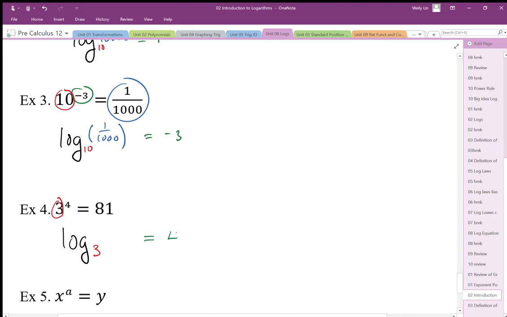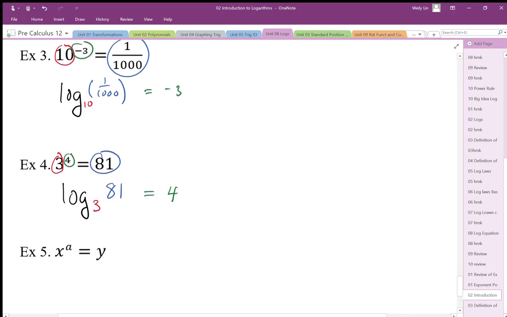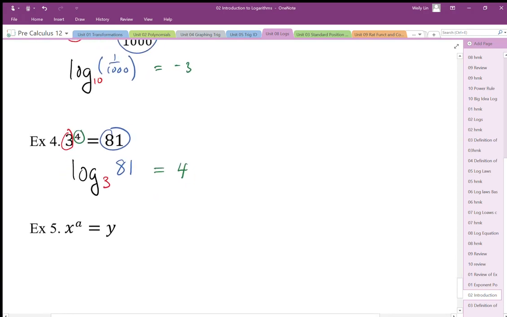It equals 4, because the output is your exponent, and the input should be your argument, or the answer to the exponent. If your calculators can do this, you might want to try that. Go log base 3 of 81. You should get an exponent of 4. But again, this is not about calculating things. We want to understand how the log and exponent algebra works.